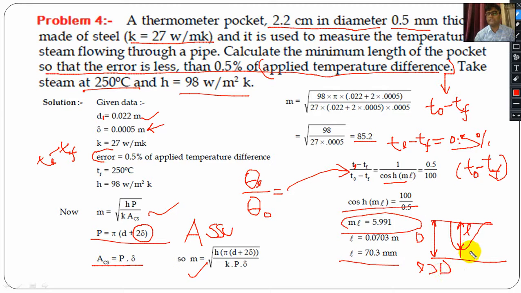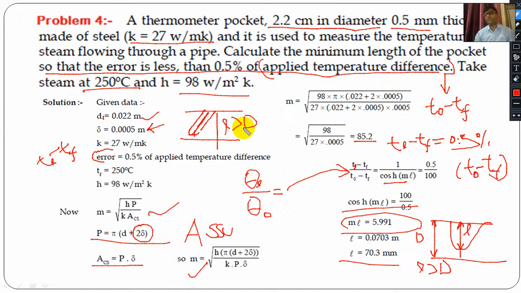Yes, of course it is possible. How? By considering the diagonal. Clear? Like this. If L is greater than the diameter of the pipe, you can place the thermometric well like this. So we are considering the length of the fin like this. In that case, L is greater than the diameter.